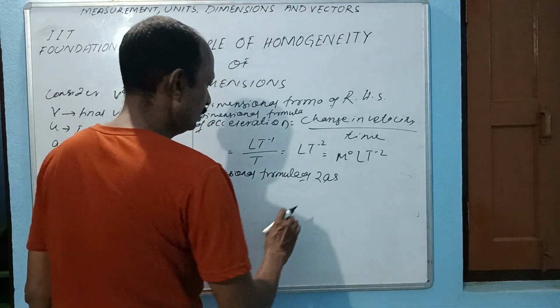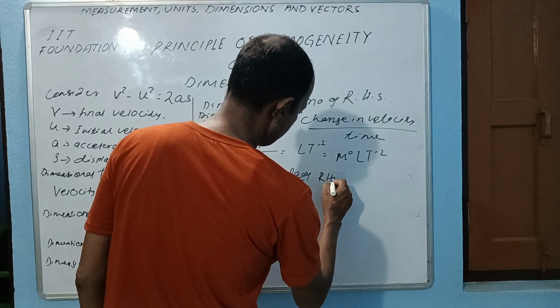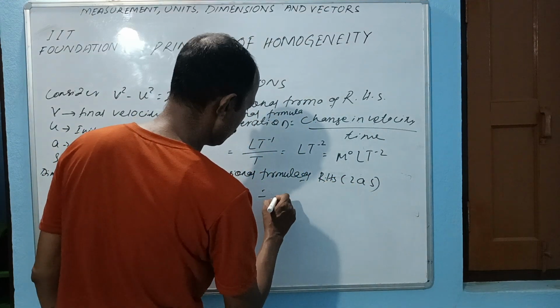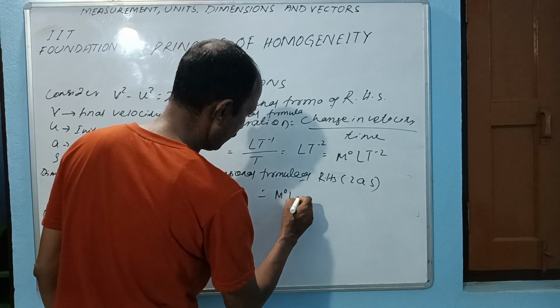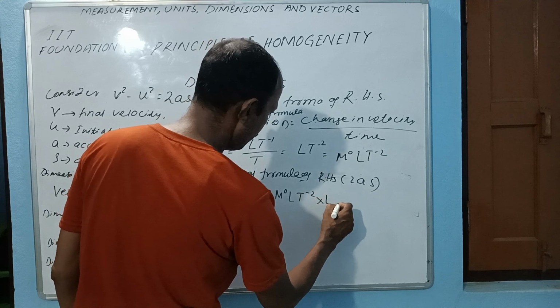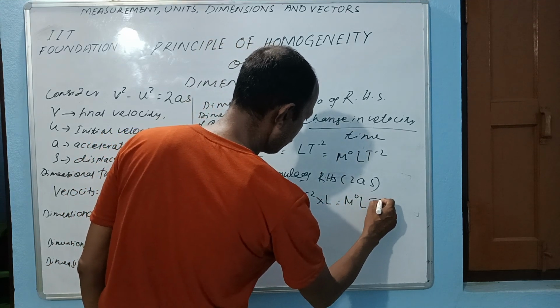Right side RHS means 2as. 2 is a number, so your acceleration is M to the power 0 L t to the minus 2 into displacement L, equal to M to the power 0 L to the 1 t to the minus 2.